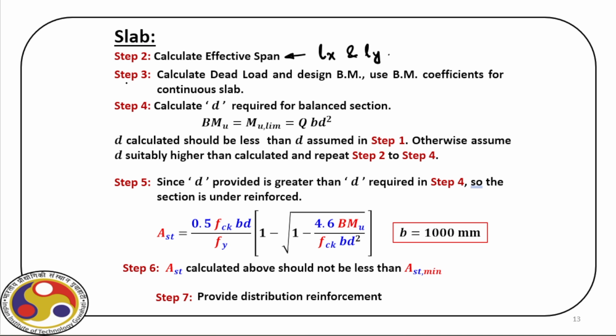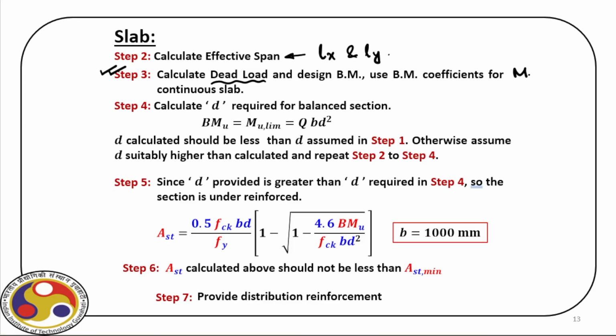Once we do that, in step 3, we need to calculate the applied bending moment coming from different load combinations. So we start with dead load and then use bending moment coefficients to find out the value of the applied bending moment.